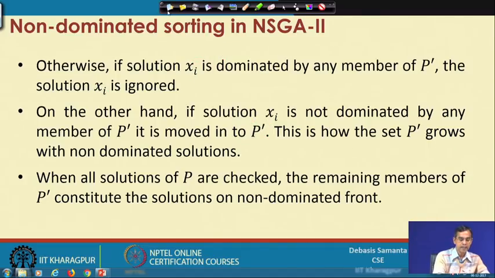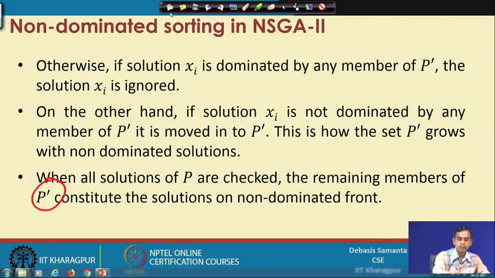Now, you can understand that this is basically the technique in the last slide, and this is the clever idea about the previous approach. This solution finds the non-domination front P dash. Once the first front is obtained, you remove all the solutions of P dash from P and repeat the same procedure to find the next front, and so on.